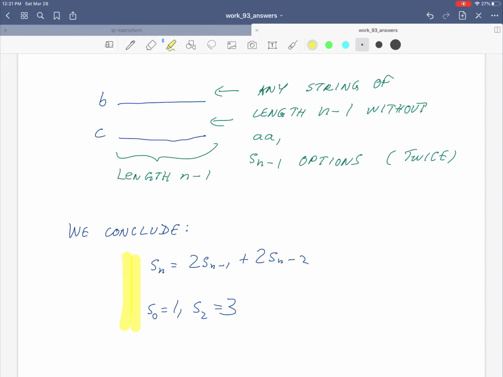And from part A we know that S0 is 1 and S1 is 3, and that's the answer for part B. That's the recursive relation with the initial conditions needed. And that's the whole solution of problem 5. Thank you.